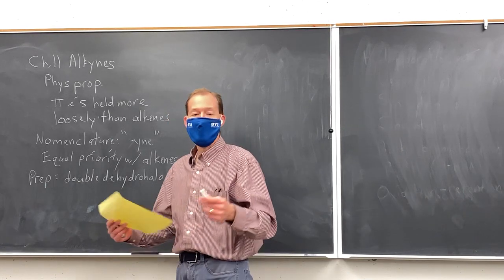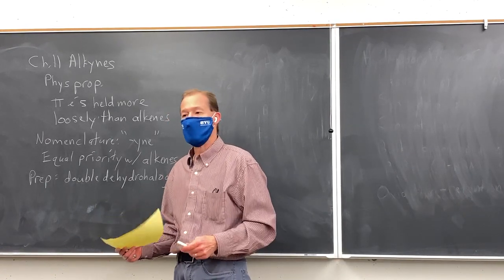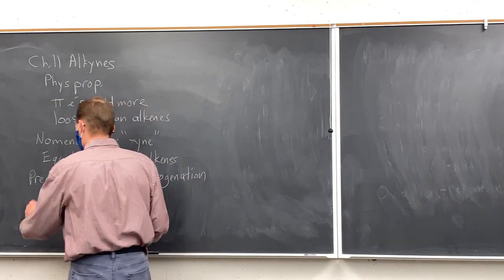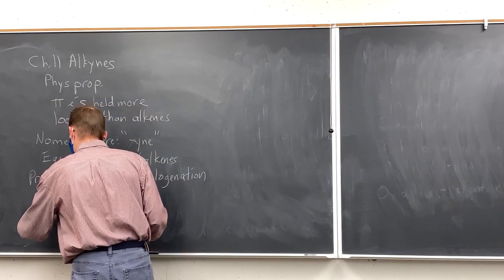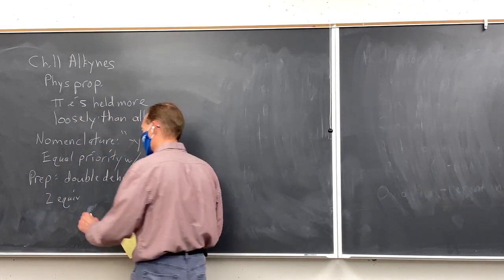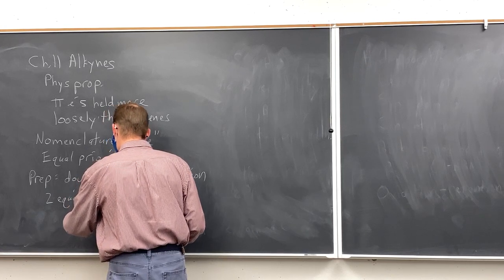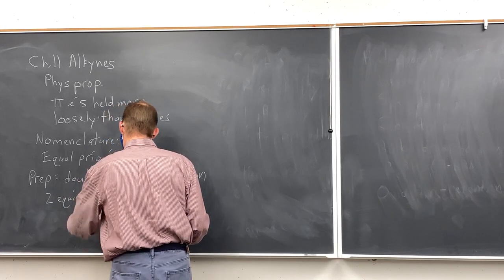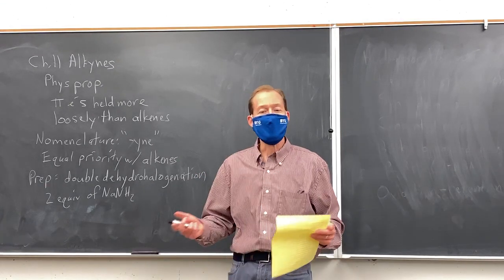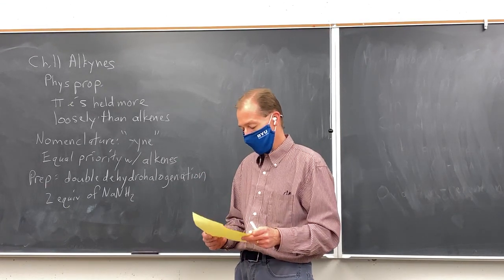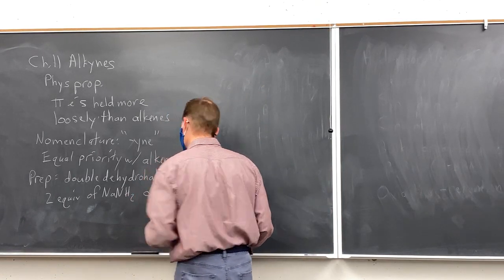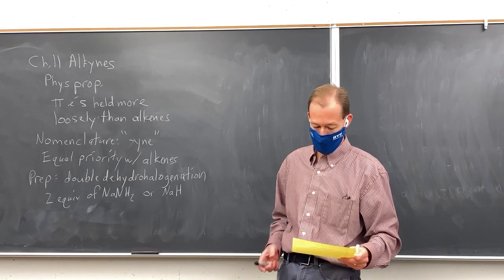We know how to make vicinal dihalides from halogenation of alkenes. But this reaction requires a very strong base. That second E2 reaction requires a stronger base than a standard dehydrohalogenation. So we taught you in chapter 8, you needed 2 equivalents of sodium amide or sodium hydride, one of these 2 bases, for this reaction. Okay?